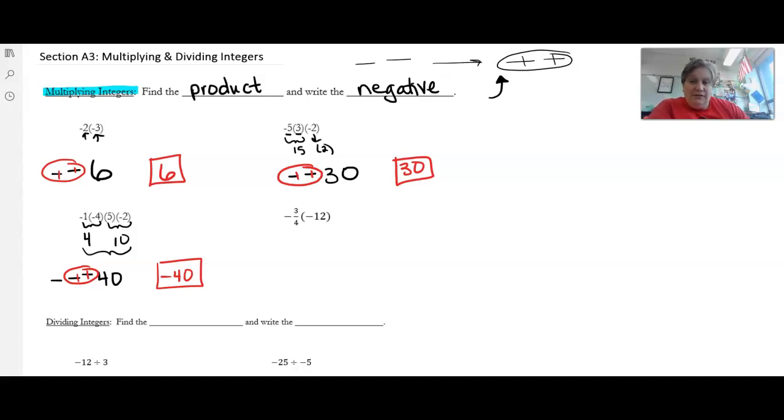All right, the next one, it's a fraction. I don't want you to freak out about fractions. To make 12 a fraction, I'm just going to put 1 on the bottom. And so now remember, fraction multiplication is top times top over bottom times bottom.